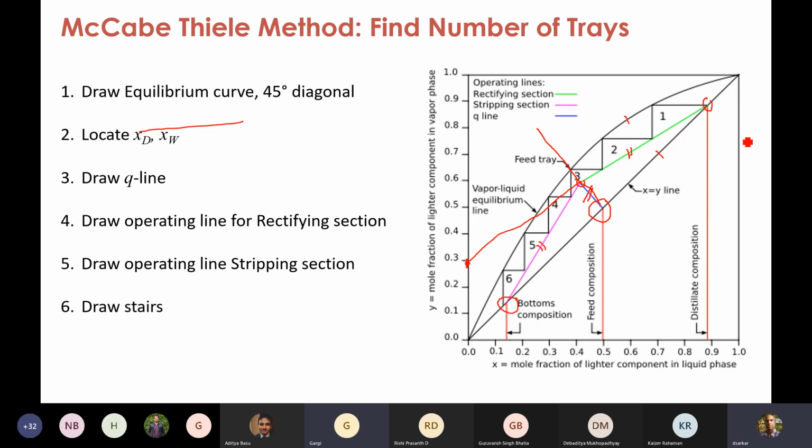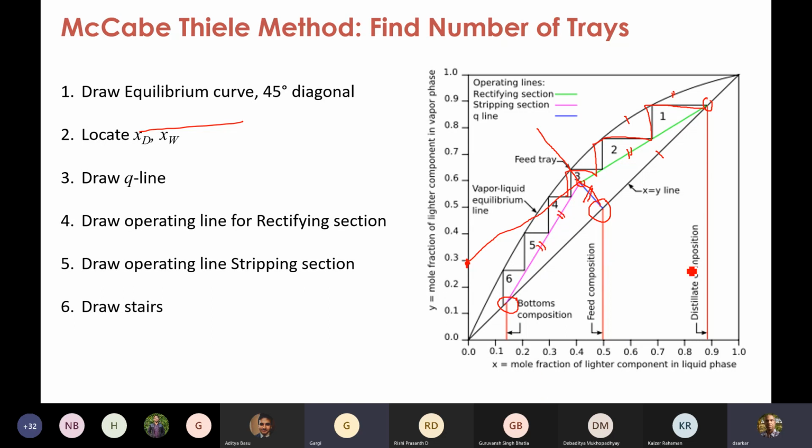Now you are done. So now what you have to do is draw these staircases between the space that is available between the equilibrium curve and the operating lines. You can start with any end. Let us start with, say, the rectifying section, that top composition XD. So go on drawing like this, and when you cross the Q line, you start taking the stripping section operating line.